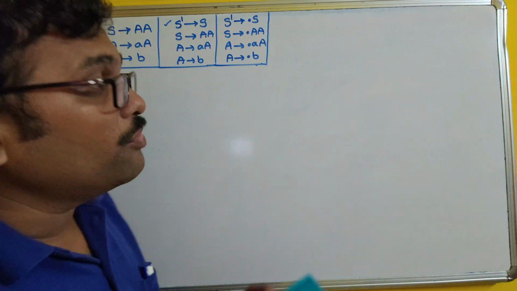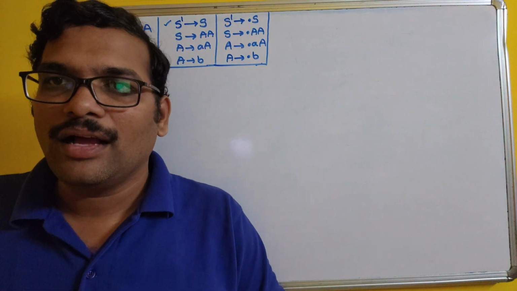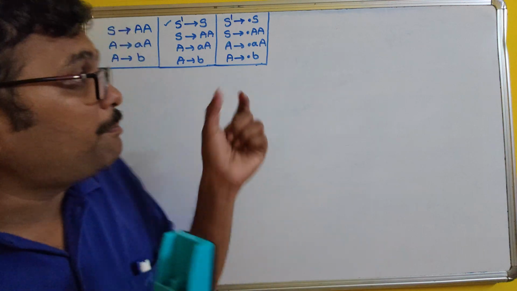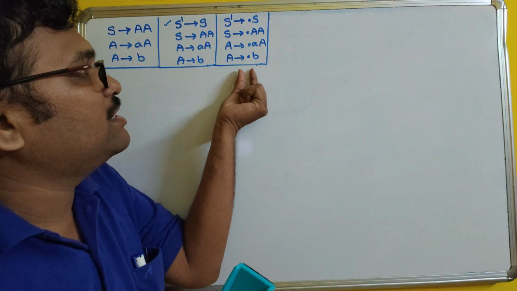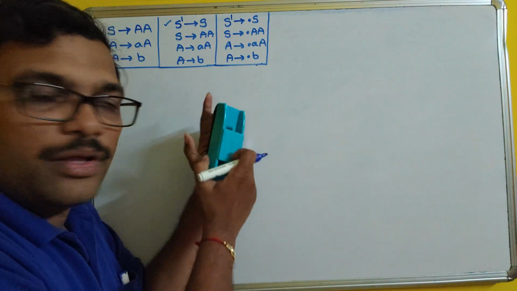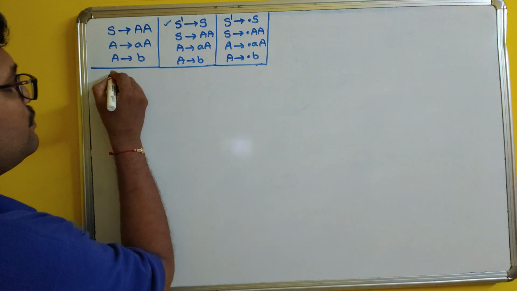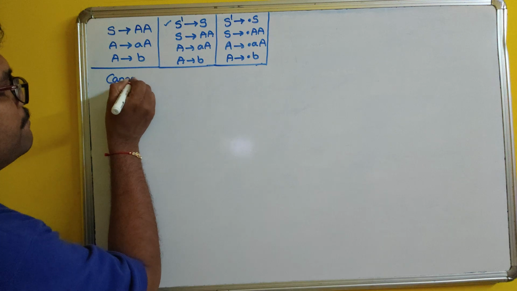And now we have to find out the canonical list items. So we have to expand by starting parsing this dot from rightmost to the leftmost.